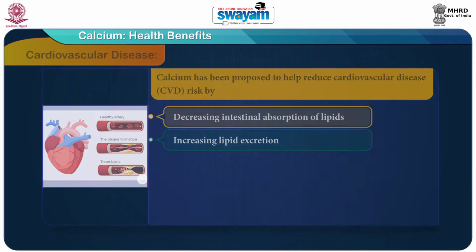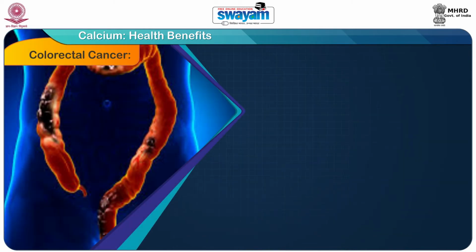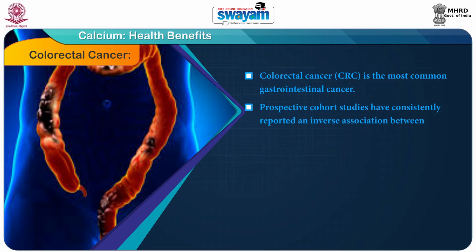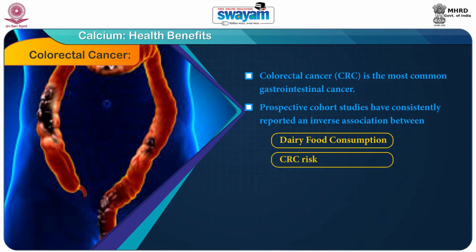Now, the next one is calcium and colorectal cancer. Colorectal cancer is the most common gastrointestinal cancer. Prospective cohort studies have consistently reported an inverse association between dairy food consumption and colorectal cancer risk.